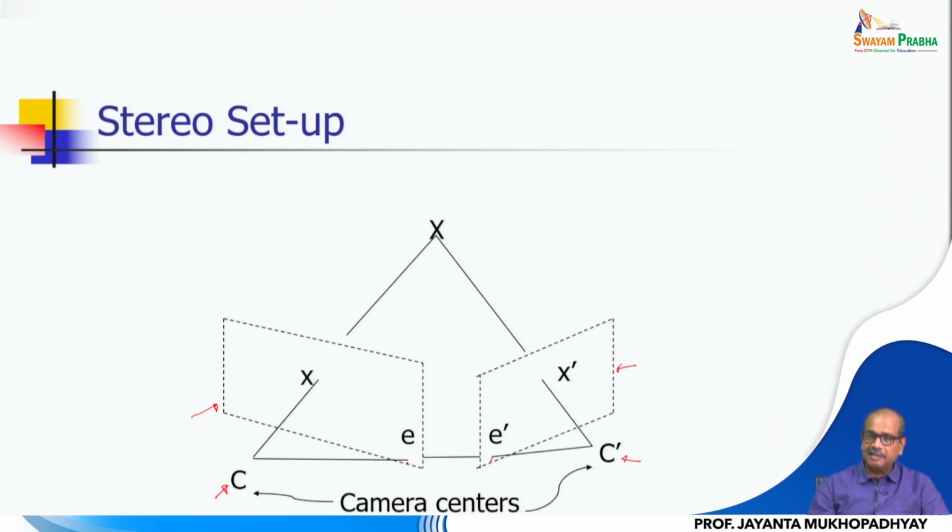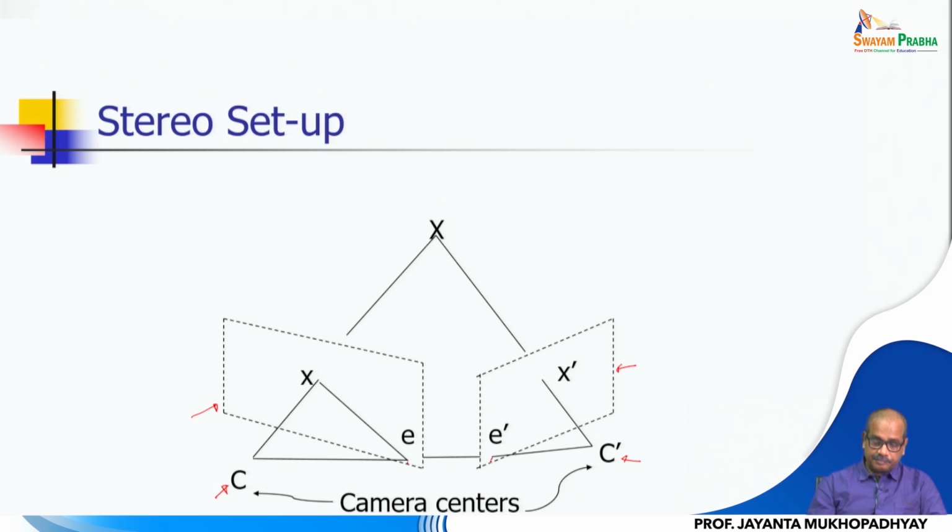But as you can see, in a stereo setup these 2 points are also fixed. Once you define the stereo setup in terms of camera centers and planes, naturally the line connecting those 2 centers is also defined. Since those 2 planes are defined, their intersection points are defined. So these epipoles are also defined.